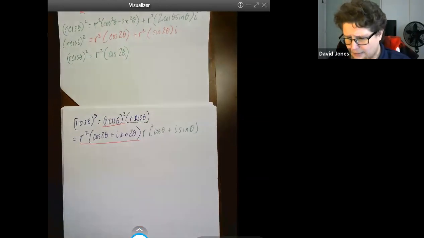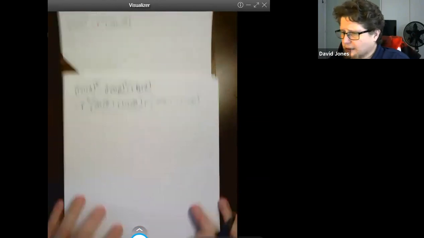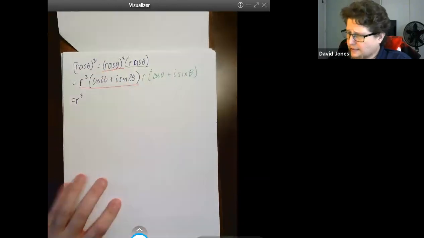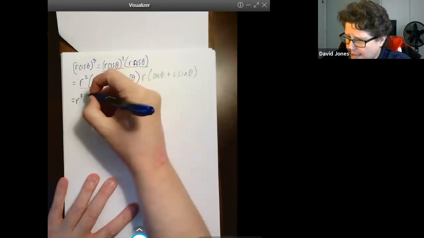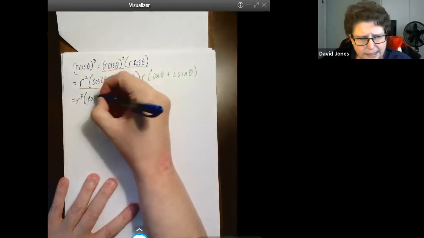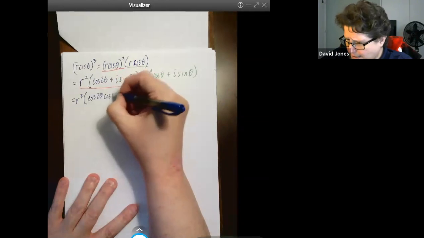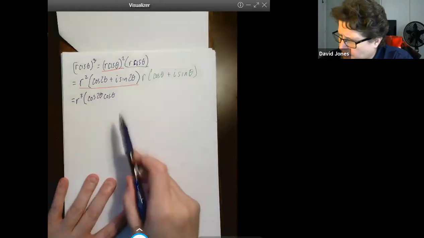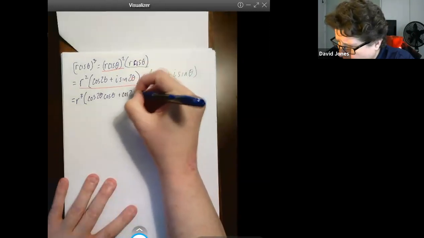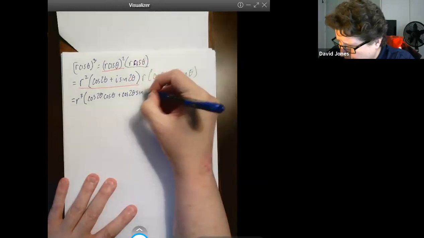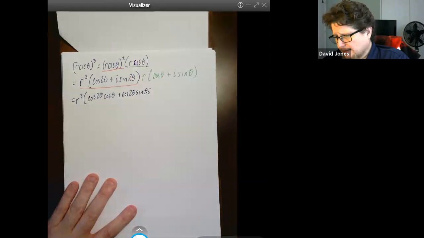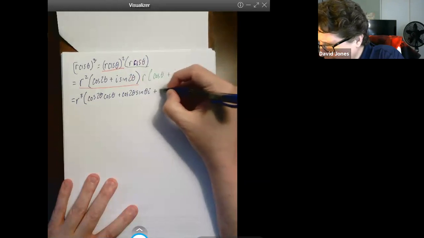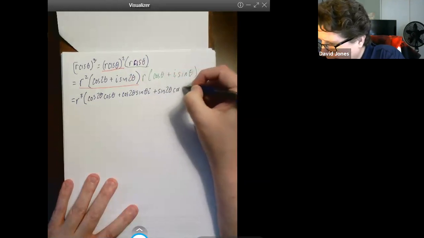Let's distribute again. Let's see what happens. So the r squared times r is r cubed. And if I distribute this, I get cosine 2 theta cosine theta. That's the outside. And then I get cosine 2 theta sine theta i, and sine 2 theta cosine theta i.